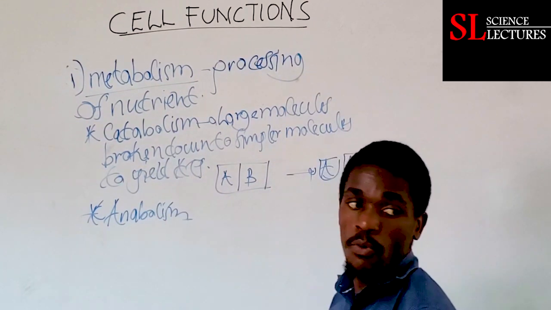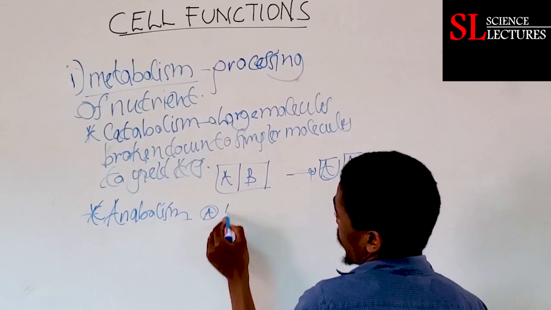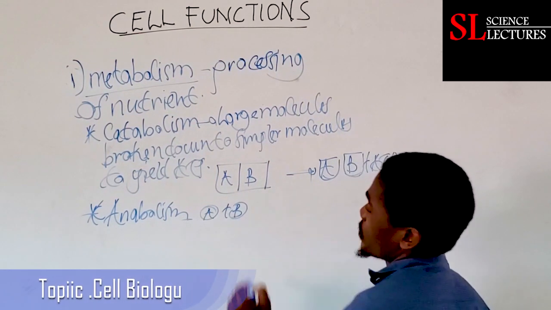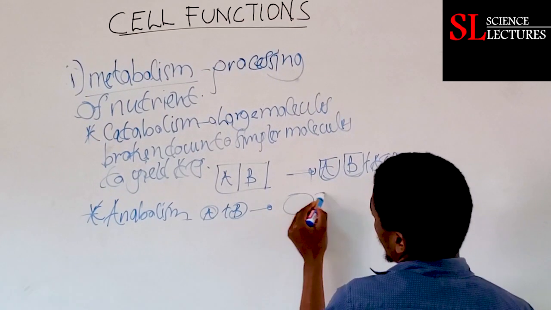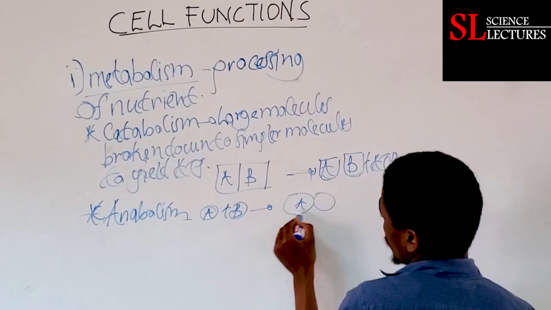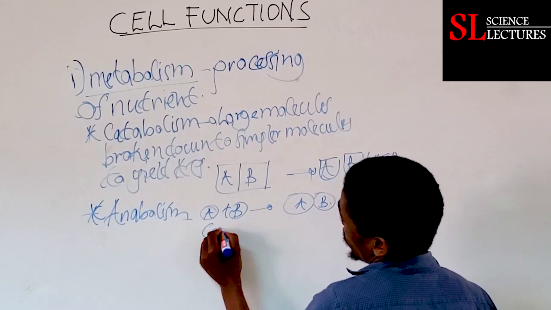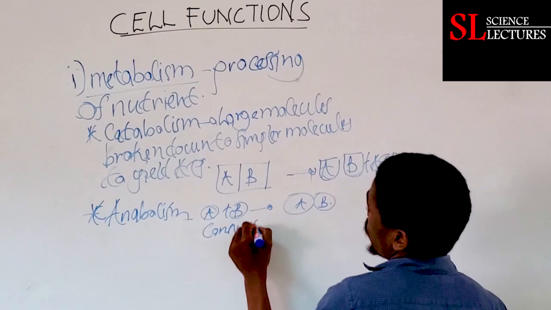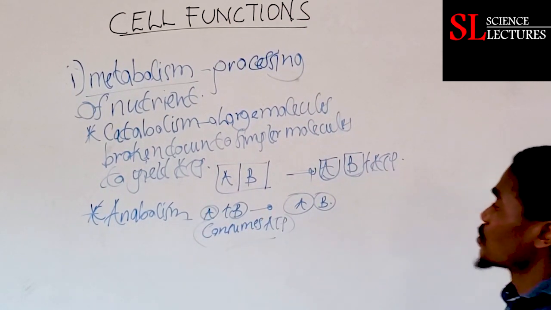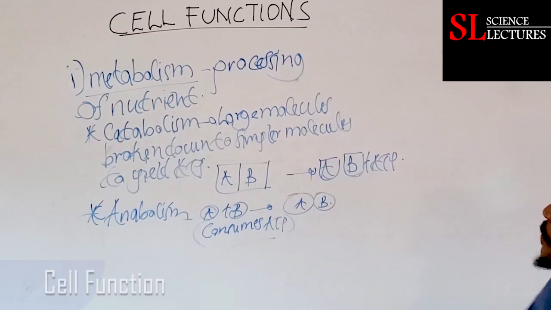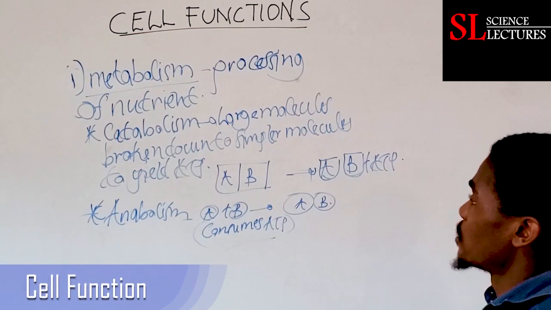In anabolism, we are joining two simpler molecules. Let's say we are joining simpler molecule A and simpler molecule B to form a larger molecule, and this process consumes energy, ATP, energy in form of ATP. So that is the distinct difference between catabolism and anabolism.